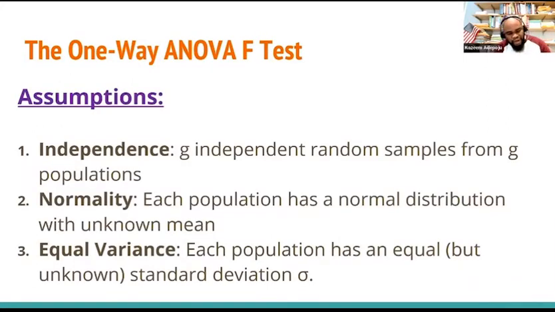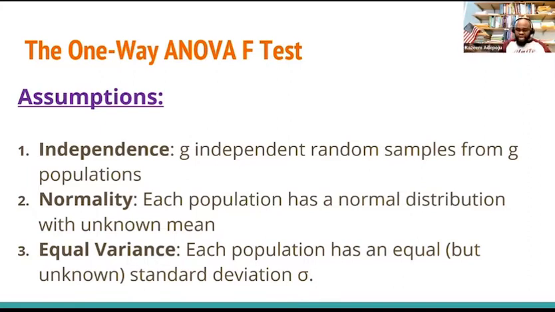Okay, now we have assumptions for conducting analysis of variance tests, just like in the t-test that we did the other time, where I walked you through the assumptions under which the test was appropriate. Assumption number one is that we should have independent random samples from the groups.